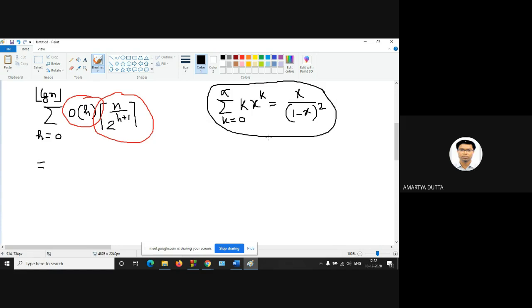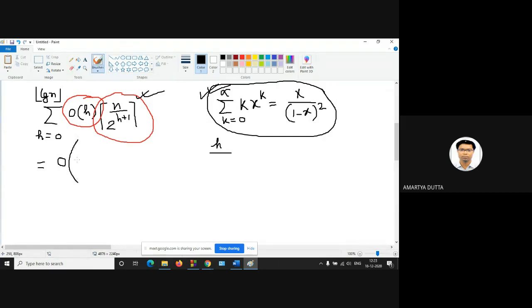Now we have to apply this particular formula in the second term. This is the summation of h, so we can eliminate the n out of the summation.